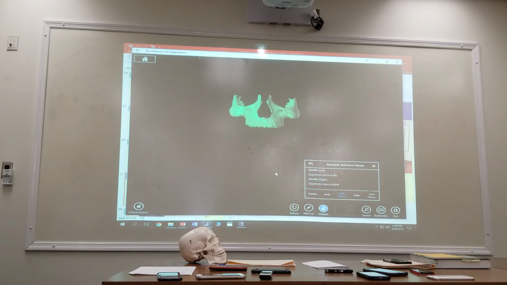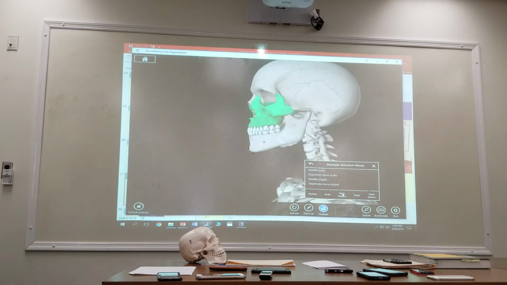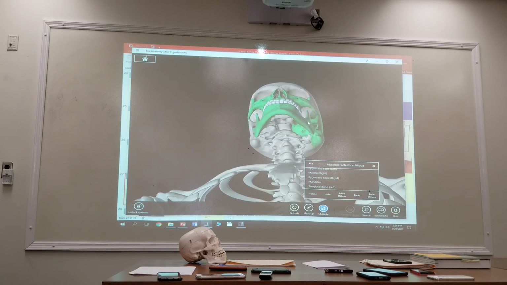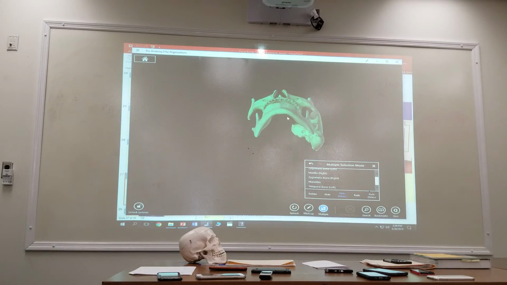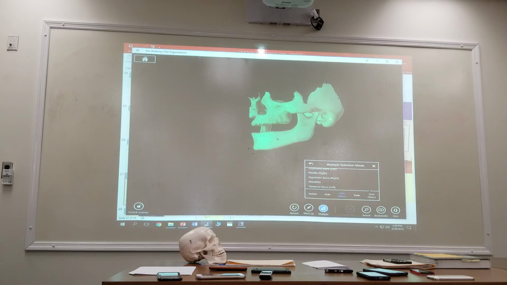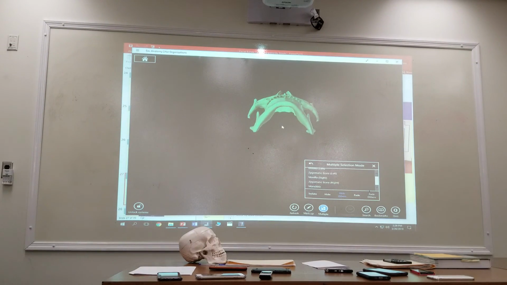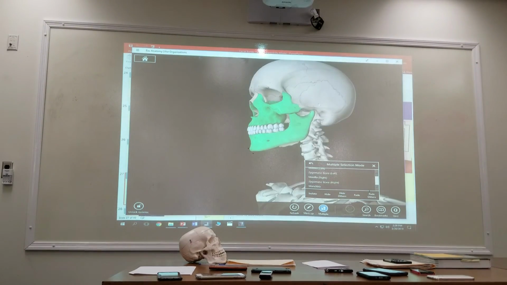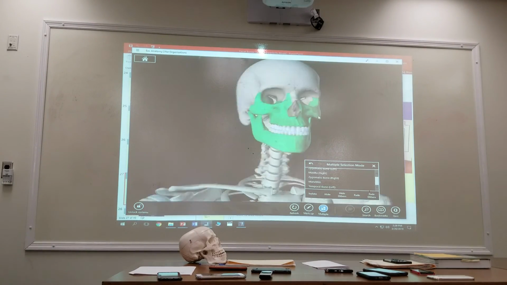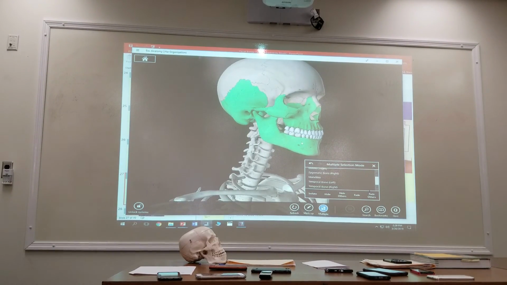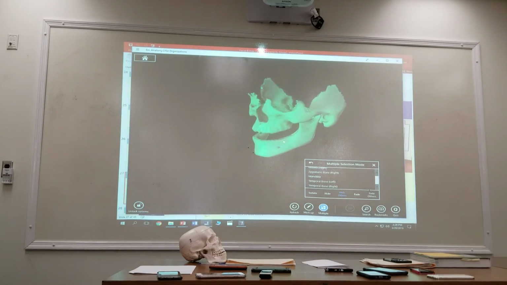Oh, I'm missing some bones. The mandible. One moment. Oh, what happened? You're missing one temporal bone on the right. You're missing the arch itself, the zygomatic process. Oh, yes. You had it, then you got rid of it. I did, huh?